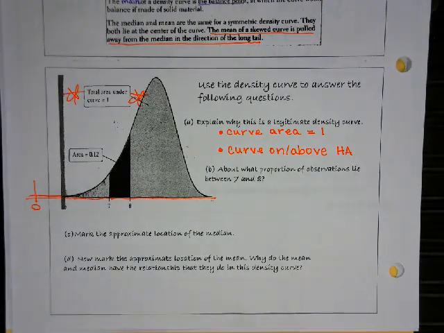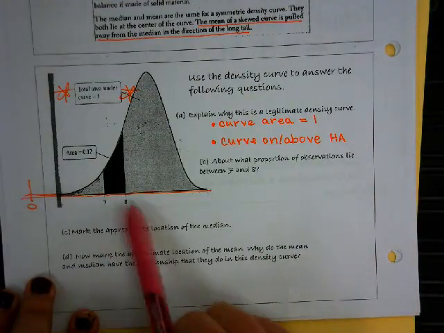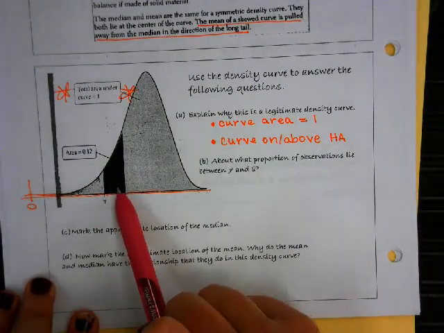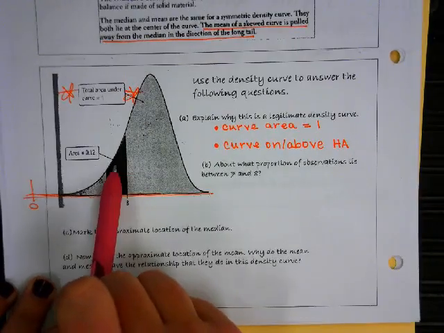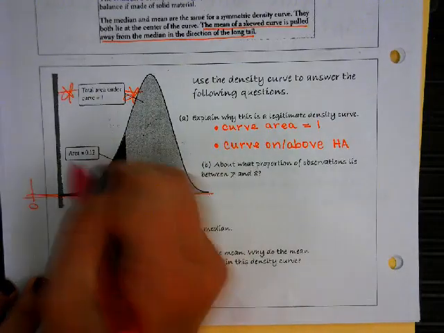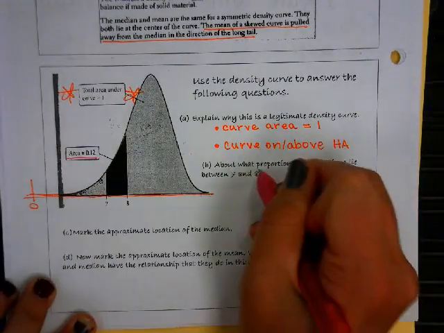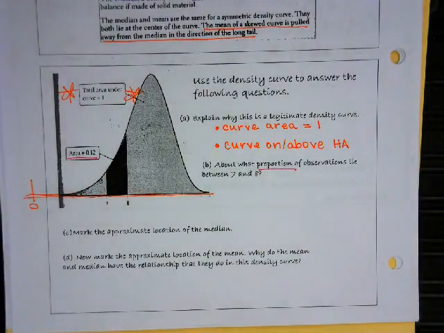So that's what Alex was asking about. So notice that between 7 and 8, the color is darker, and that we have this line that points to that space and says the area is 0.12. So the proportion between 7 and 8 is 0.12.